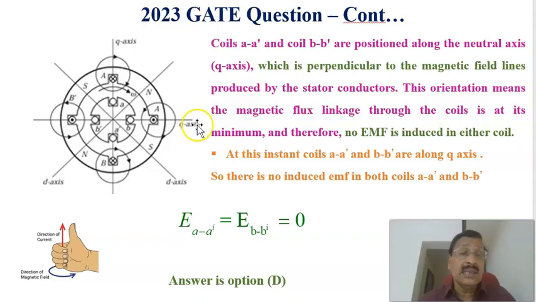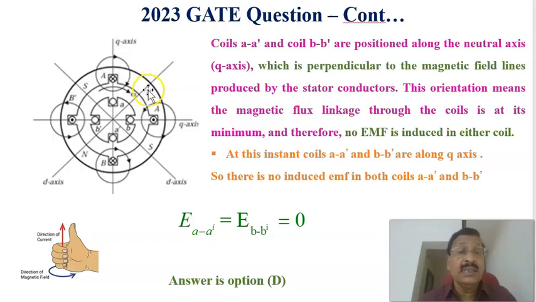And the axis perpendicular to that one is called the direct axis, which is the same as the magnetic field direction. Therefore, here the magnetic field is in this direction, here also, and here also.